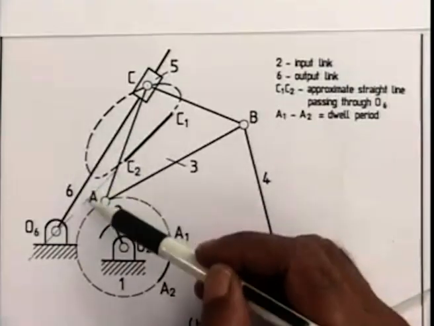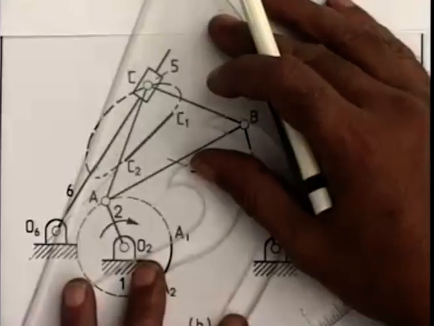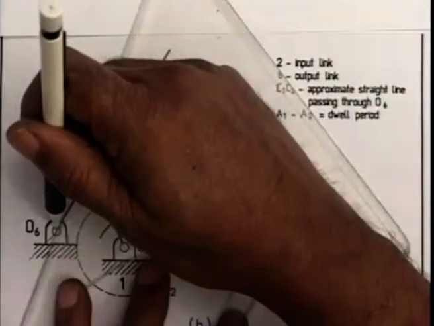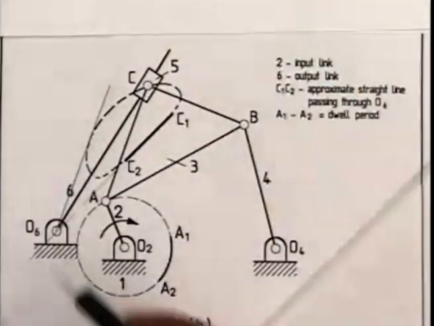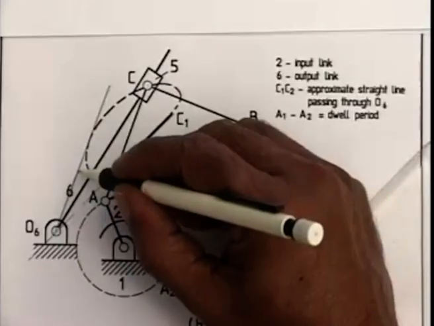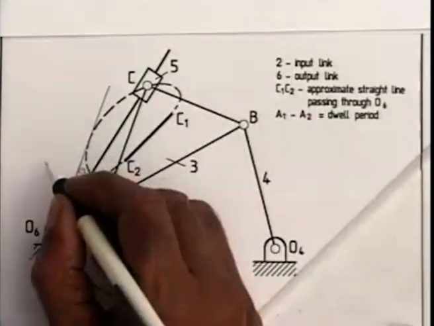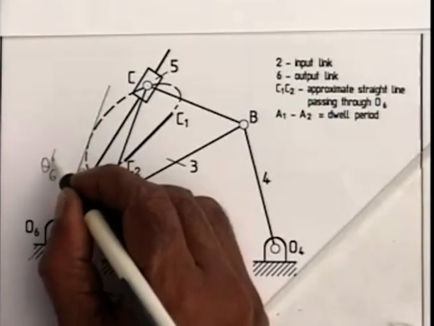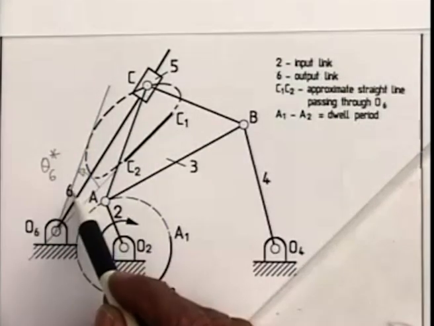Beyond that, this output link starts moving in the counterclockwise direction, and the maximum swing angle I can obtain by drawing a tangent to this coupler curve from this O6. So, this angle, let me call theta 6 star, defines the swing angle of this output link.